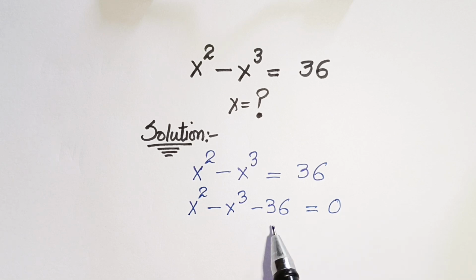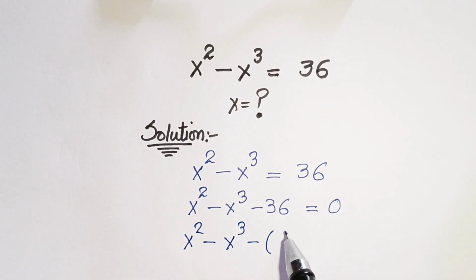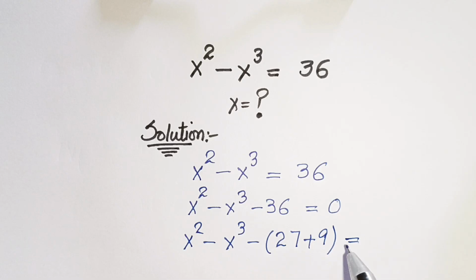Now this 36 can also be written as 27 plus 9. So 27 plus 9 is equal to 36, and this equation is equal to 0.